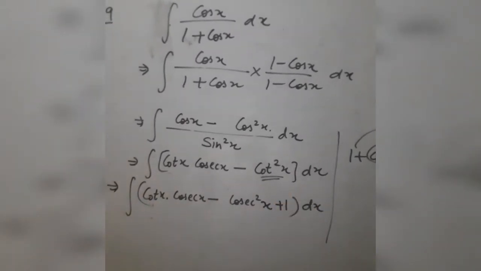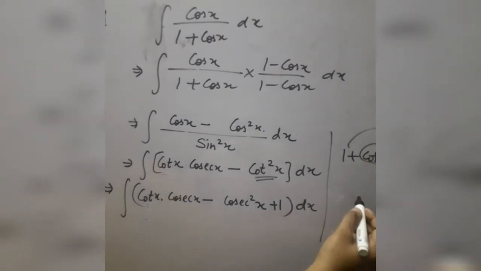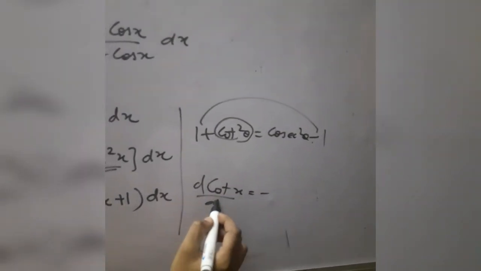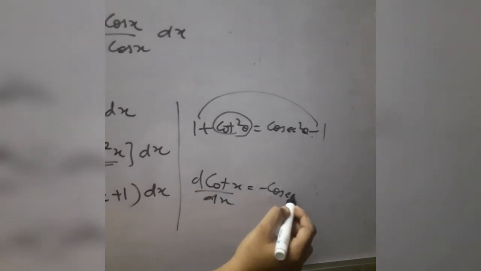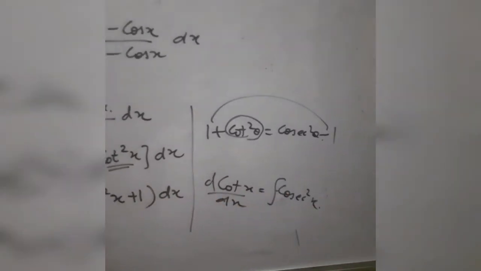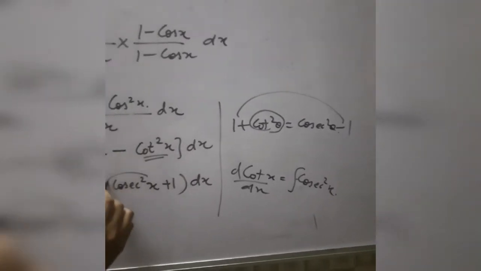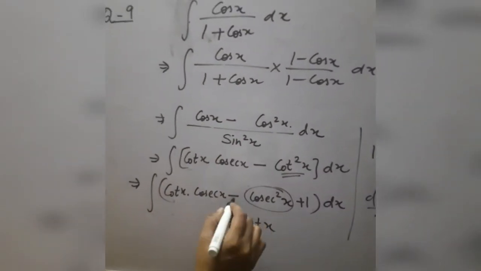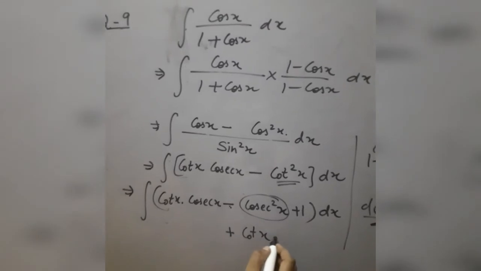Now all of you know that the derivative of cot x is minus cosecant square x. So the integration of cosecant square is minus cot. So here in place of the integration of cosecant square, write down minus cot. Already a minus sign is there, so minus minus becomes plus.